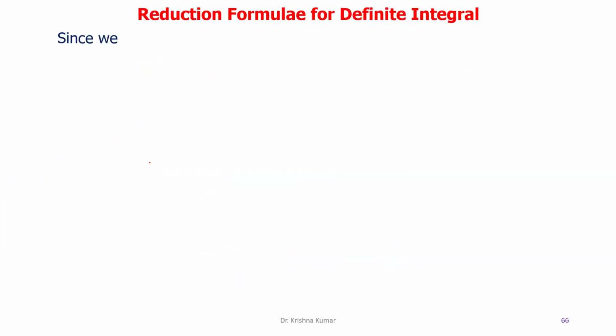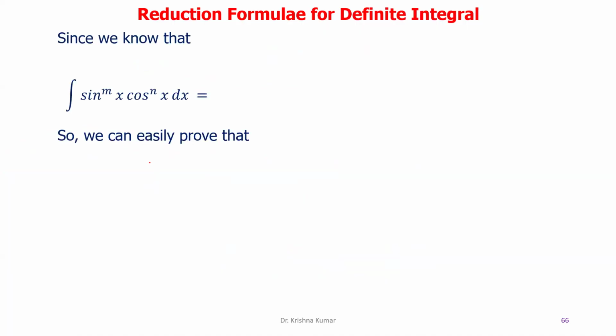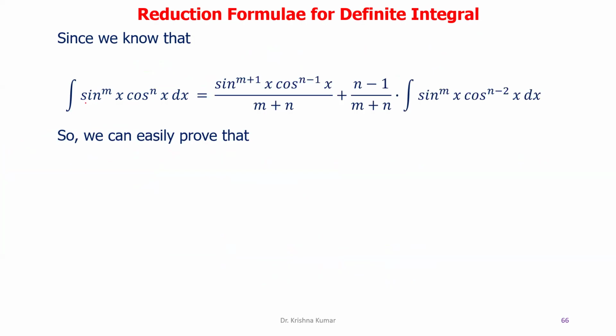Similarly, we can write down the reduction formula for the integration of sine to the power mx cos to the power nx dx, which is equal to sine to the power m plus 1 x into cos to the power n minus 1 x upon m plus n, plus n minus 1 upon m plus n into the integration of sine to the power mx into cos to the power n minus 2 x with respect to x.